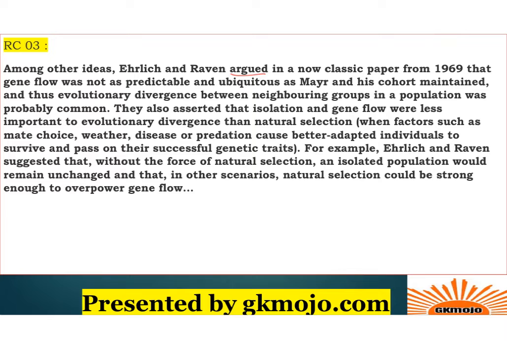They also asserted that isolation and gene flow were less important to the evolutionary divergence than natural selection, when factors such as mate choice, weather, disease, and predation cause better adapted individuals to survive and pass on their successful genetic traits. For example, Ehrlich and Raven suggested that without the force of natural selection, an isolated population would remain unchanged, and that in other scenarios, natural selection would be strong enough to overpower gene flow.